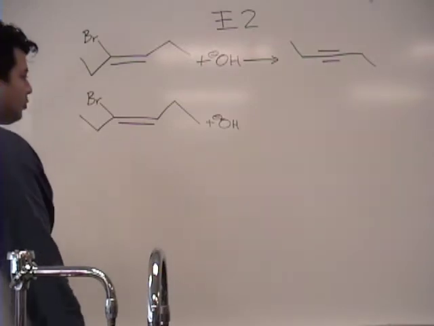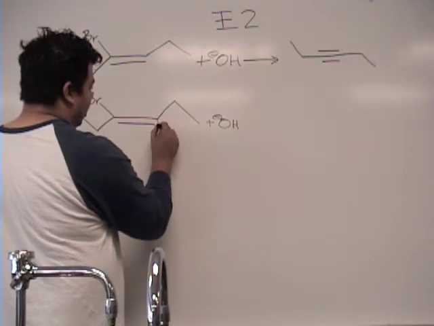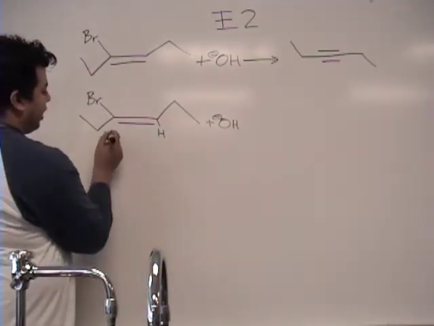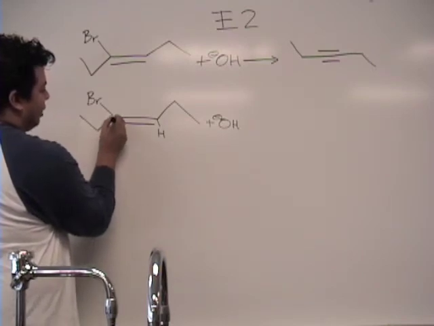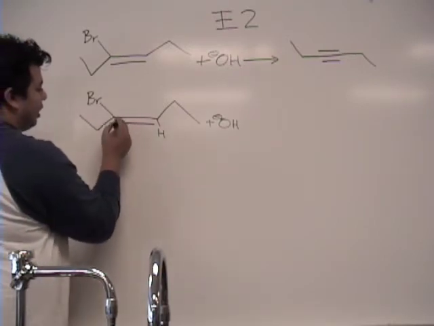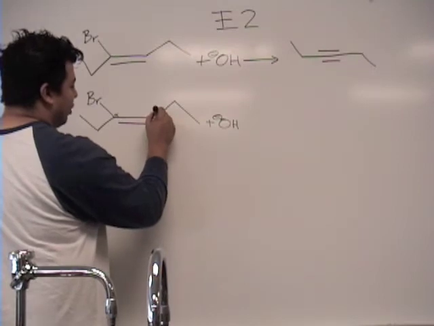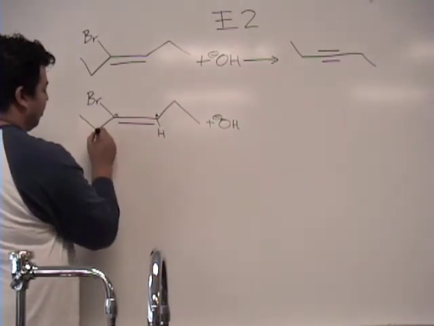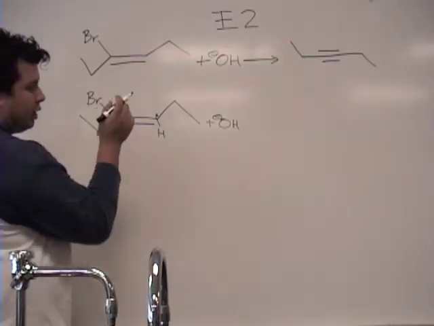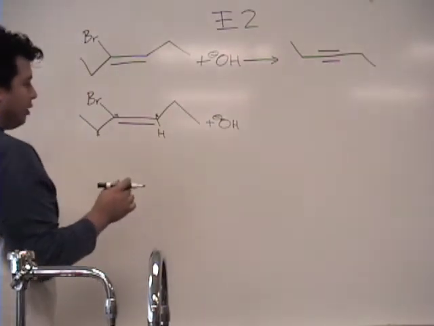So what's going to happen here is we have a proton right here, which we said the carbon that is attached directly to the leaving group is our alpha carbon, and then the one adjacent to it, or the ones adjacent to it, are going to be beta. Now you do have a proton here, but based on the product, this is the one that we're going to take out.